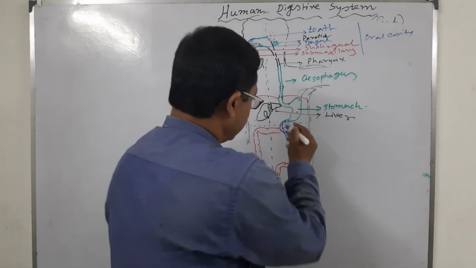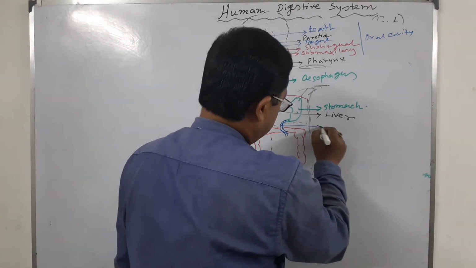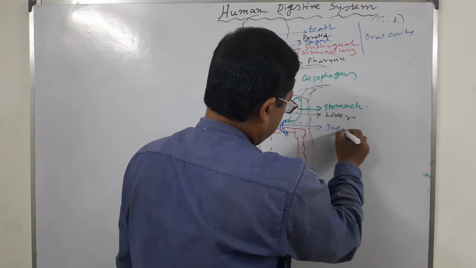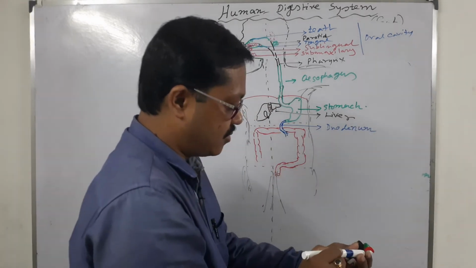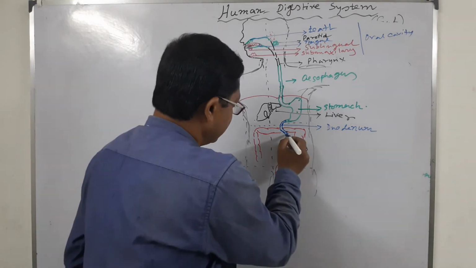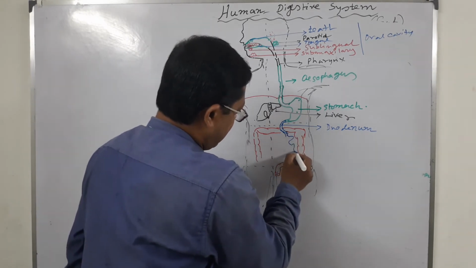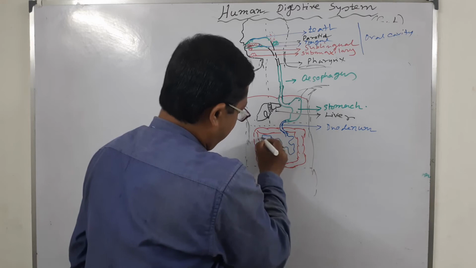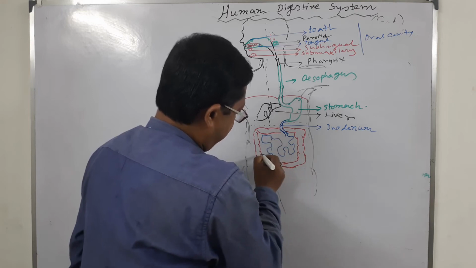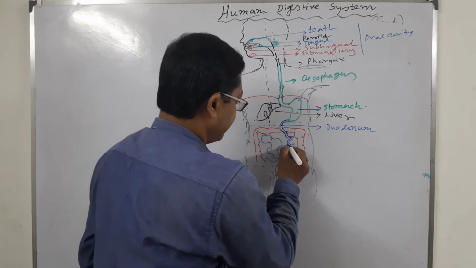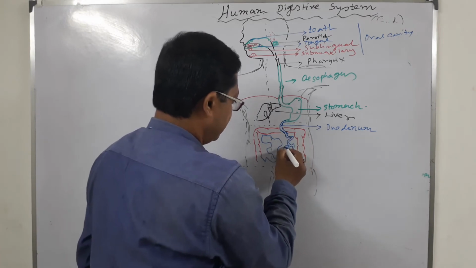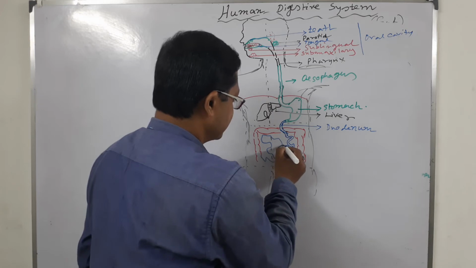This is the duodenum. The small intestine is in a highly convoluted form. This convoluted structure is the longest tubular part of our digestive system.